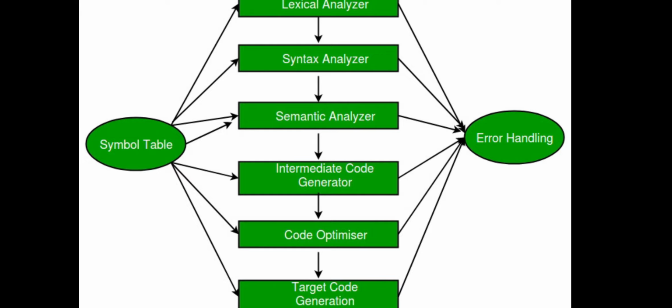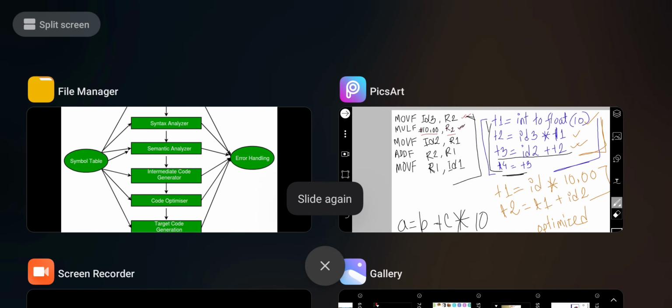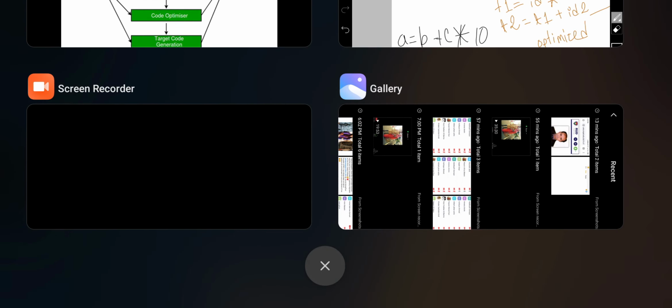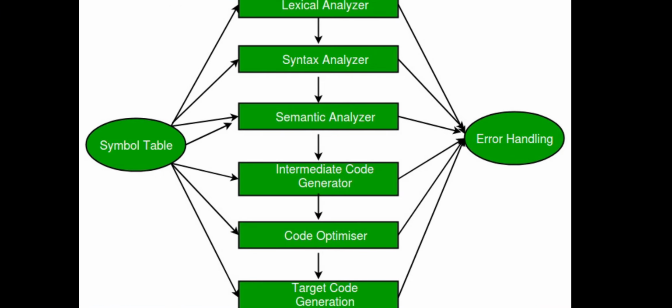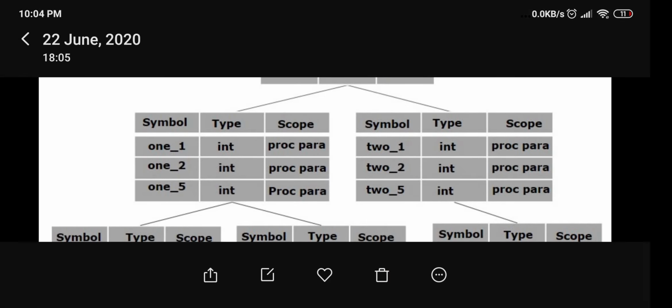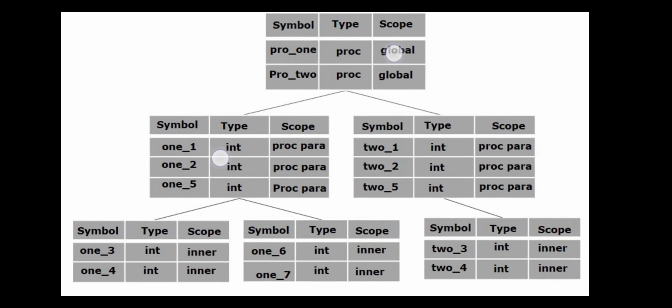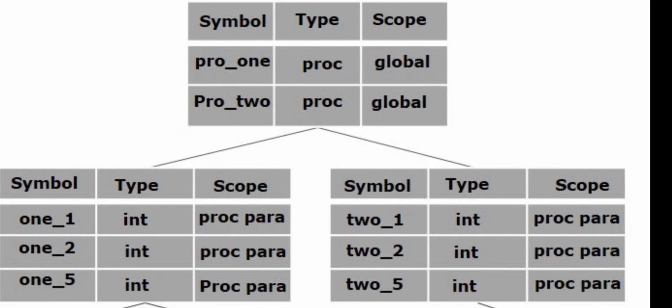Another thing here is the symbol table. The symbol table is basically a data structure in which the compiler saves the data. It looks something like that. There is a symbol, there will be type and scope. Each of the symbols is saved here. When I said ID, operator, or assignment operator, all these symbols are given in this first block.